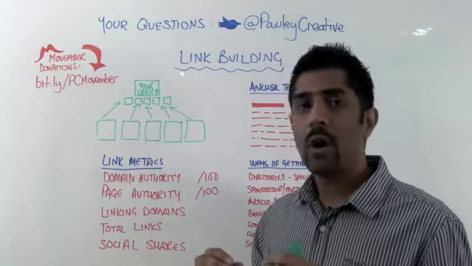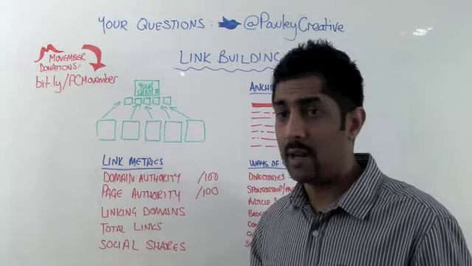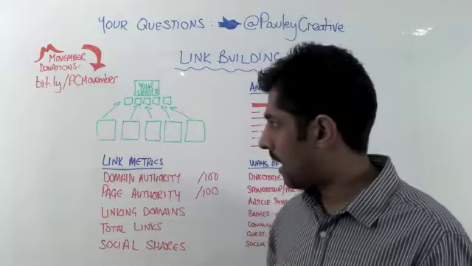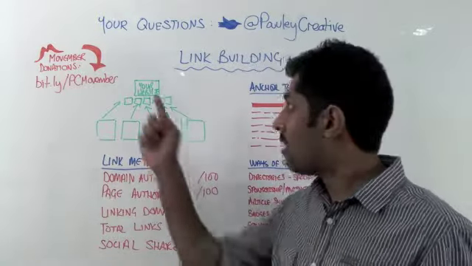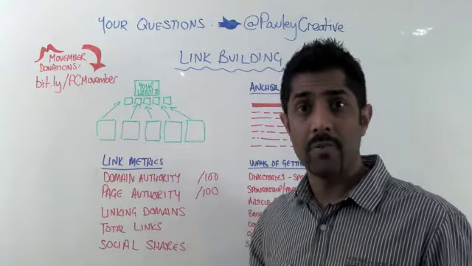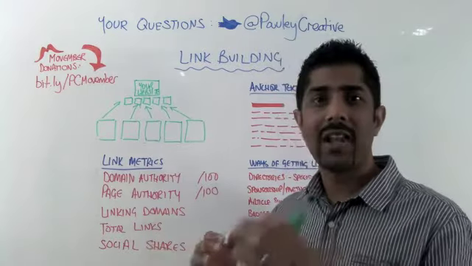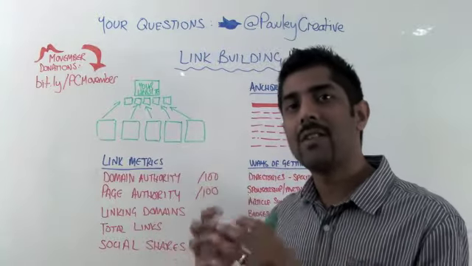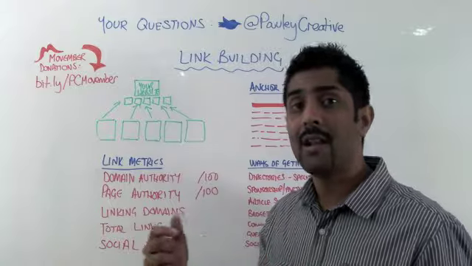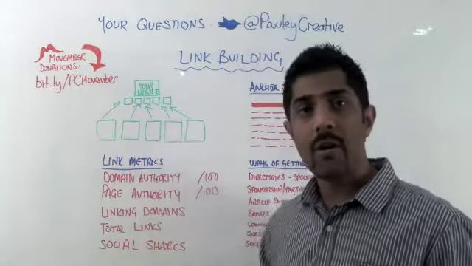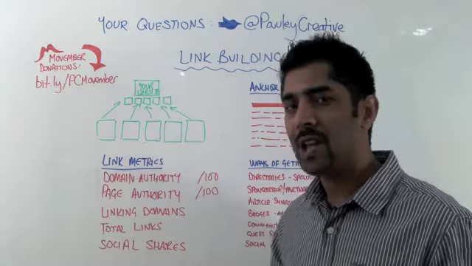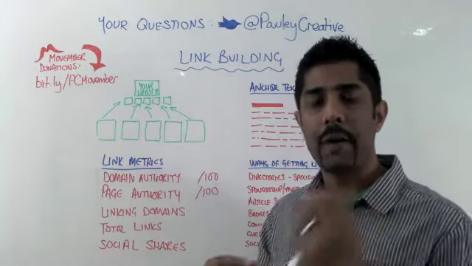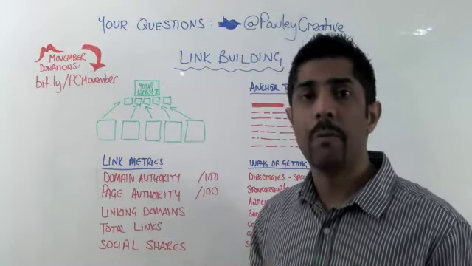So if you've got, say for example, a product listing in rebaproductselector.com, remember to not only just link to your homepage, as most marketers will do, but to think about descriptive copy and having some descriptive text that links back to your product pages or your service pages or your portfolio, your case studies. So think about links and which pages are going to be much more popular on your website.